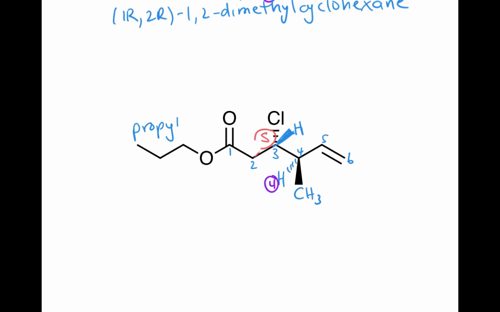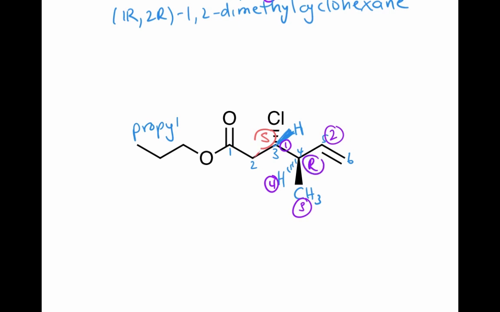And then if you look carefully here, I've got this carbon attached to 2 other carbons, in fact 3 others, but this one's attached to the Cl. So my first priority is this one, my second is over here, and my 3rd one is the methyl group. So now you can see the hydrogen is correctly oriented away from me. I've got 1, 2, 3. I am going in a clockwise direction, so that makes this one an R isomer.